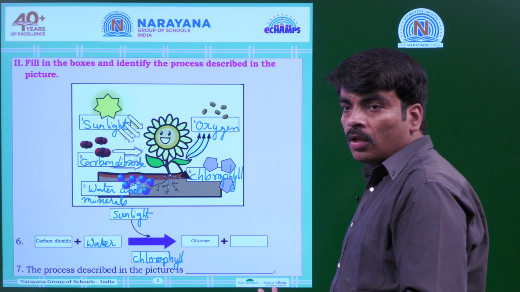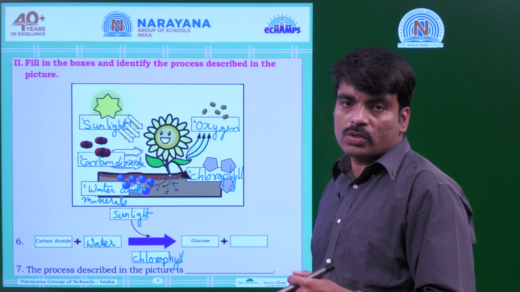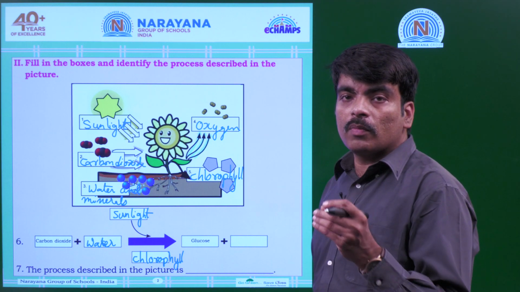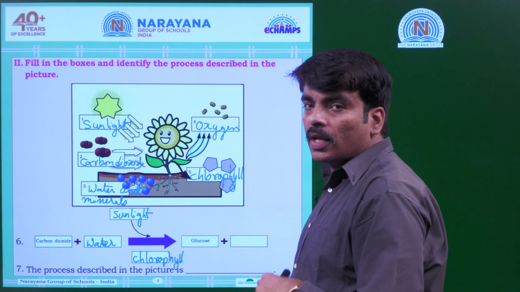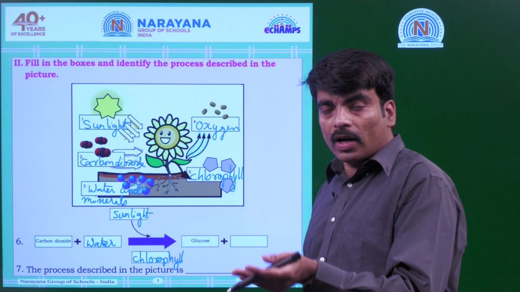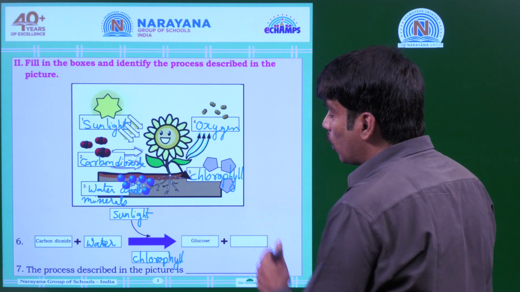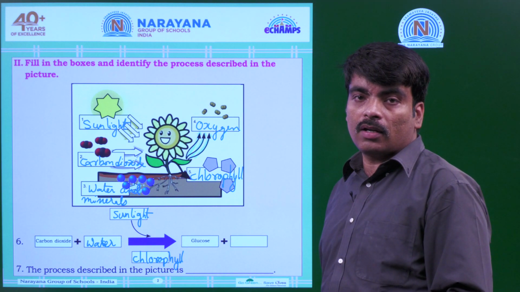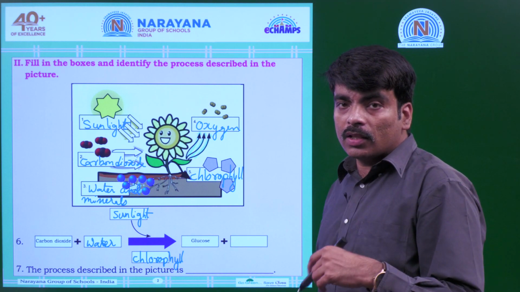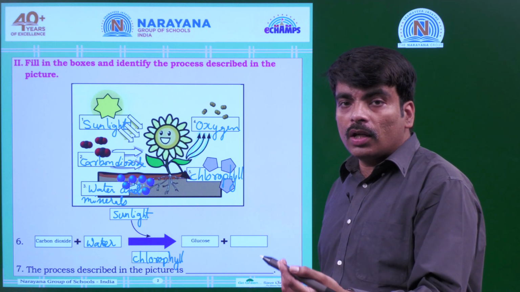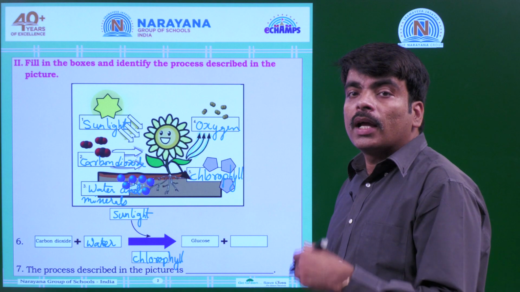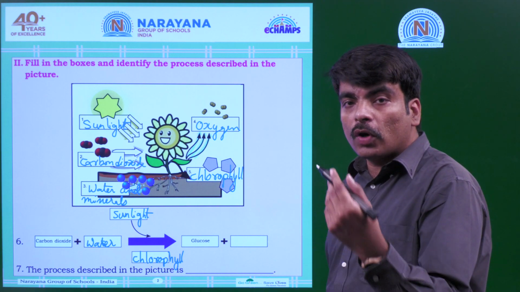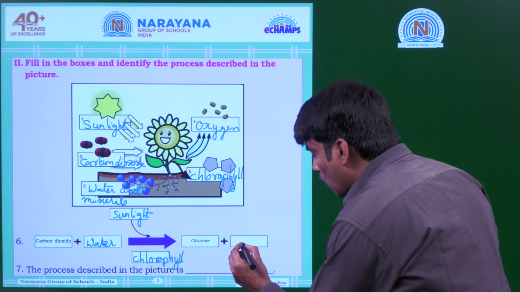Without chlorophyll, this process will not take place at all. So chlorophyll is very important. When all these things are absorbed, a reaction takes place. Glucose is formed. Glucose is the food for the plant. Apart from glucose, gases are released. The most important gas released here is oxygen.